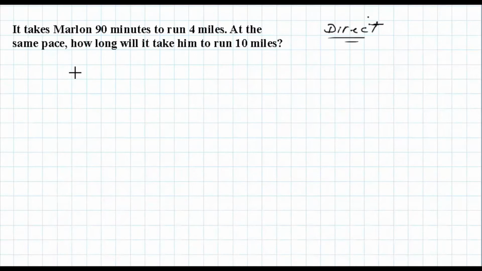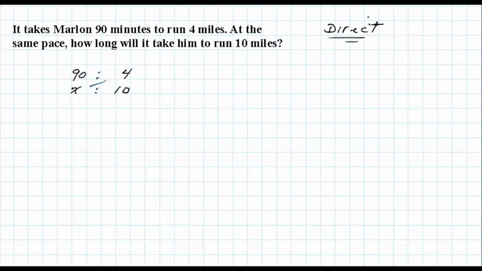So here's how I set this problem up. I say 90 minutes for 4 miles. Well, then I'm going to have x minutes because I don't know what x is for 10 miles. Now, once I've set this up properly, it's very important that I understand how to interpret this. So what I'm going to do now is what we call a cross multiply, like so, and like so.